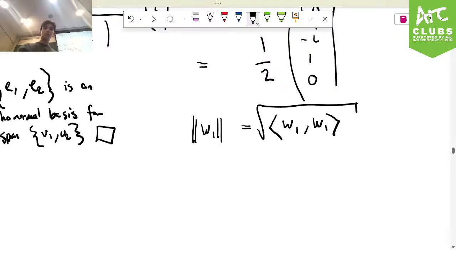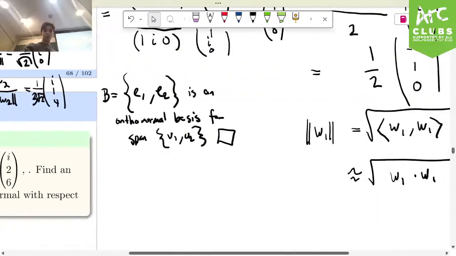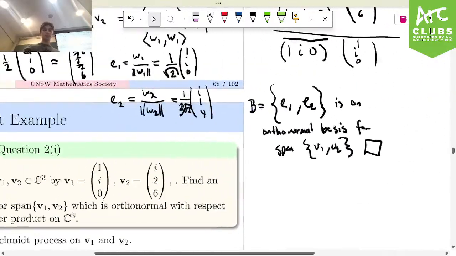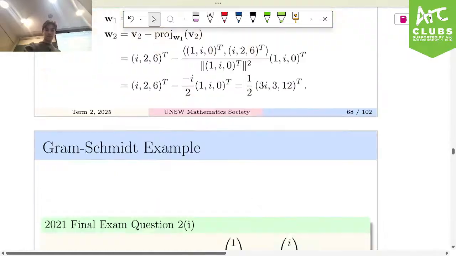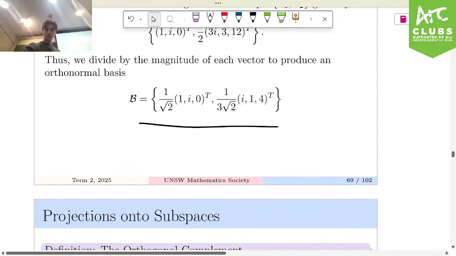This should look familiar because on the vector space of vectors with real components, on Rn, this would just be W1 dot W1, right? Which is just the magnitude squared of the vector. Okay. And I do believe, yeah, we get the same result here. Cool.